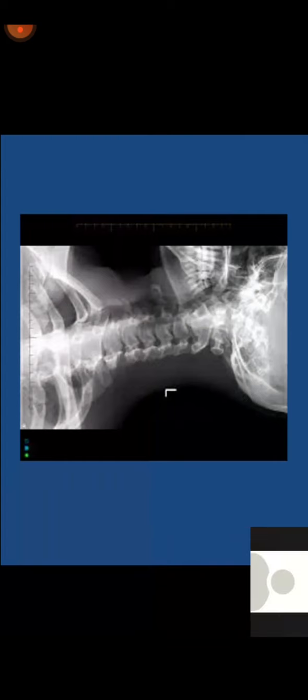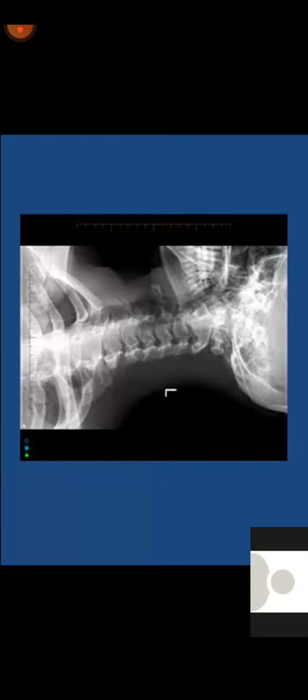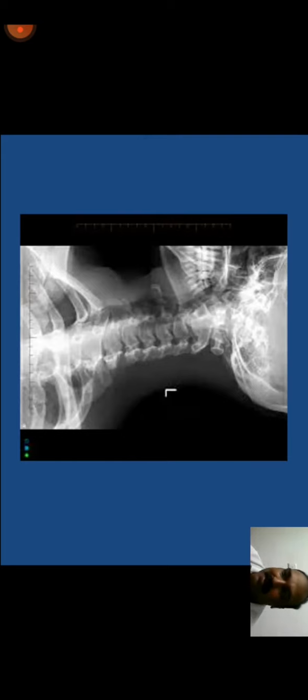Oblique view. Oblique left, isn't it? Are you viewing the same side or the opposite side for Anand? Same side. Same side for Anand. Because the marker is put on the back side.